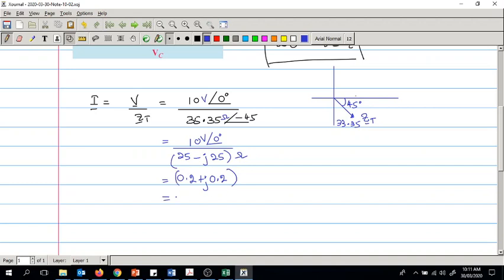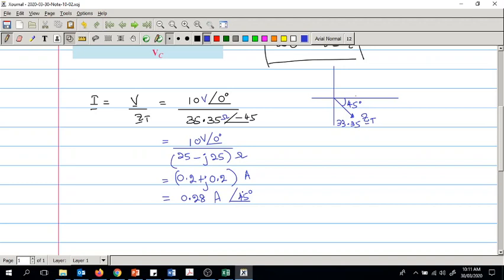Or else if you convert that into polar, what you get is 0.28 amperes, angle 45 degrees, right?